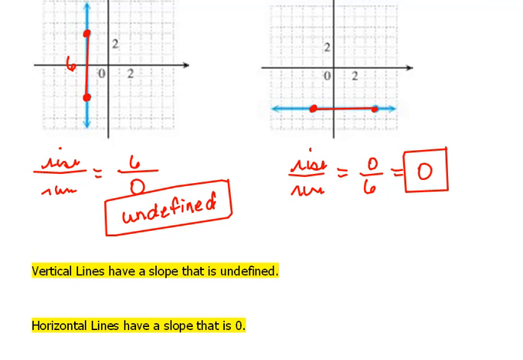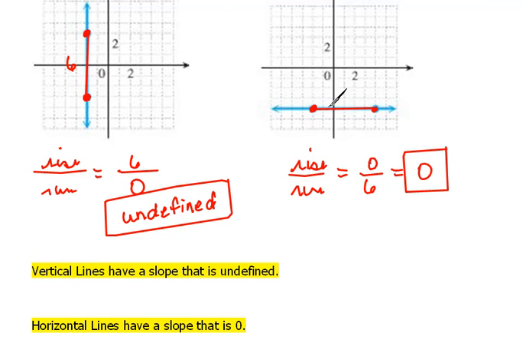Well, there's a couple of important things there. All vertical lines have a slope that is undefined. Horizontal lines have a slope that is 0 every time. The slope of 0 is more like our bunny slope. It's kind of equivalent to that in skiing. It's pretty flat, so you get the idea of what's going on. The undefined slope is so steep that we really can't talk about it because it's unfathomably steep.